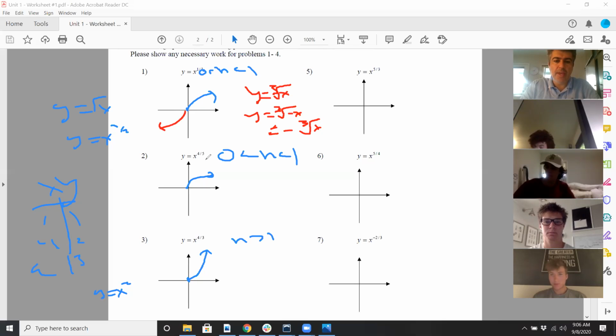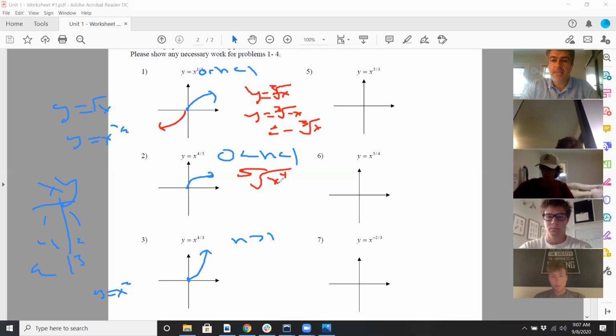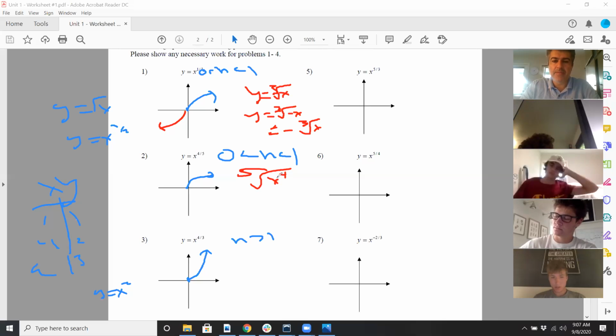Here we're fifth rooting x to the 4th power. Now, notice that you're raising x to an even exponent. That always makes the output positive, or 0 if you plug in 0. You're never going to get a negative output with an even power like 4 here. So you're always going to be fifth rooting a positive number.